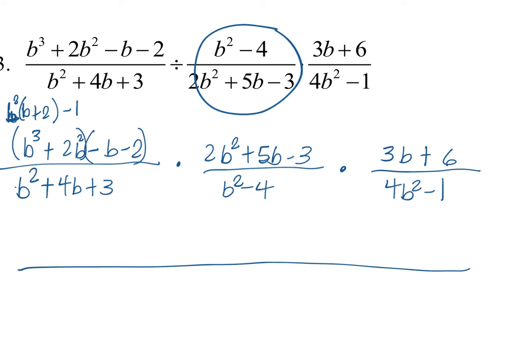So if you pull out a negative 1, you would be left with b plus 2. So now if you pull out a b plus 2, what you're left with is b squared minus 1. So that's factored, except b squared minus 1 is a difference of squares.